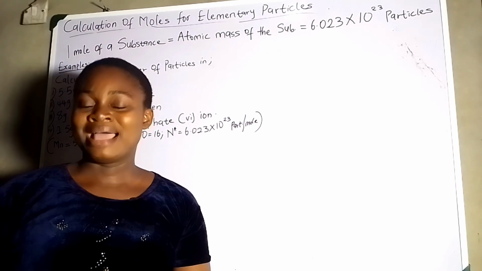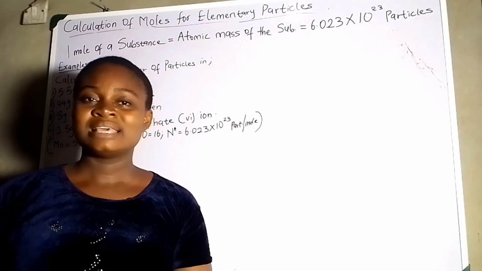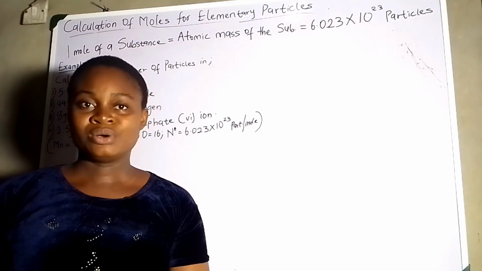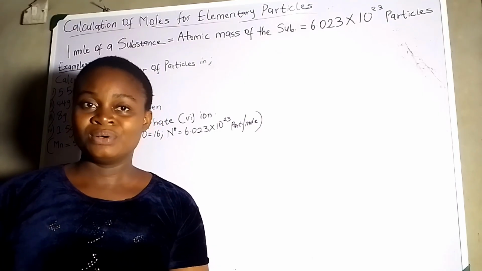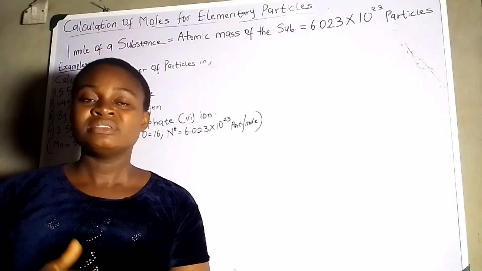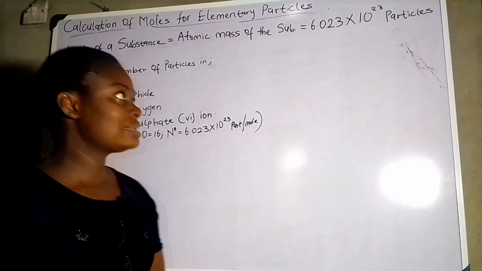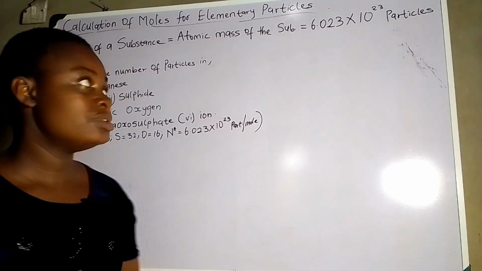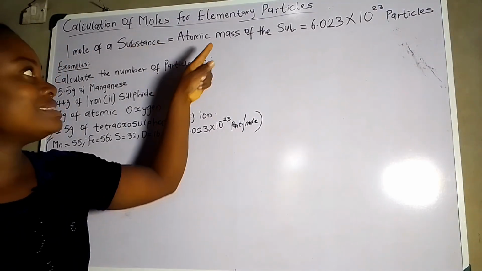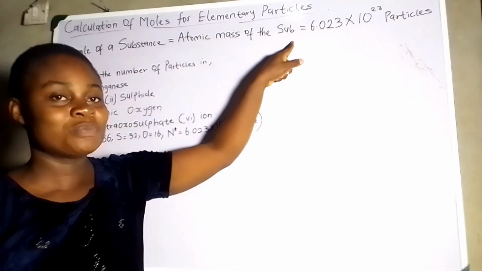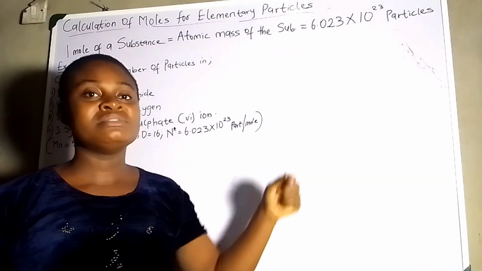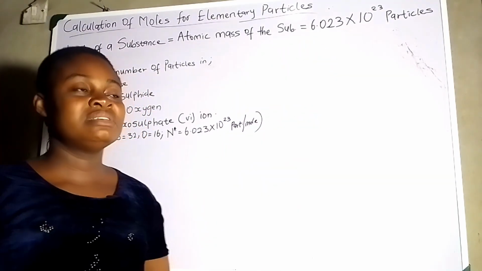And if it's an ion, it also means that the number of ions present is also 6.023 exponent 23 particles. Now, mathematically, this is the relationship. 1 mole of a substance is equal to atomic mass of a substance, which is equal to 6.023 exponent 23.